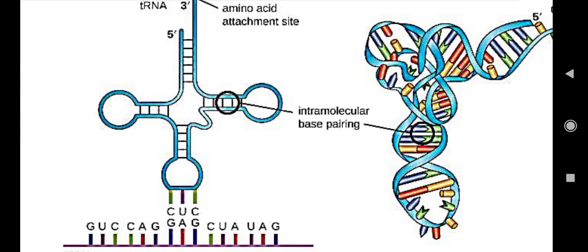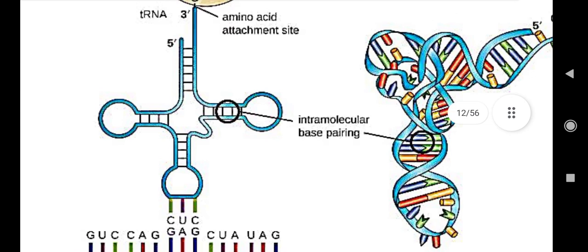Then right next to the variable loop at the right side you can see a loop, and that loop is known as the T psi U loop. The psi symbol, the Greek letter psi, represents pseudouridine.